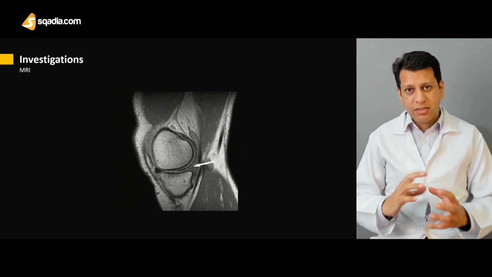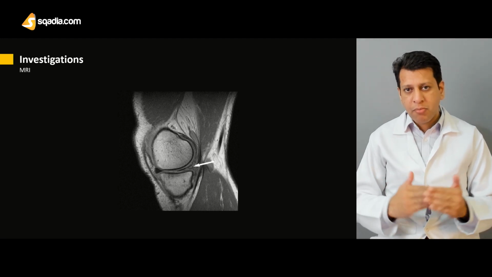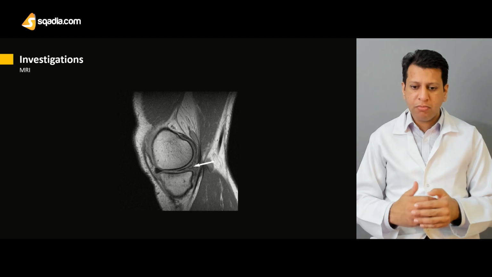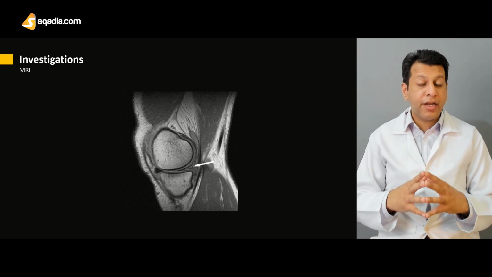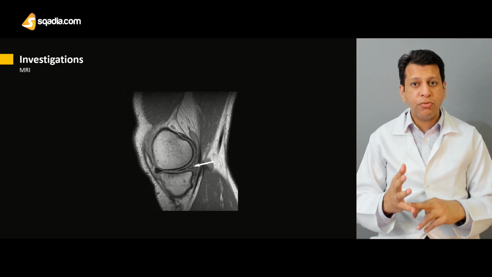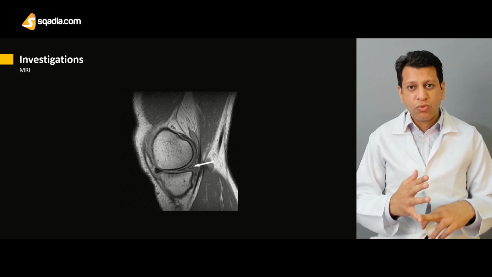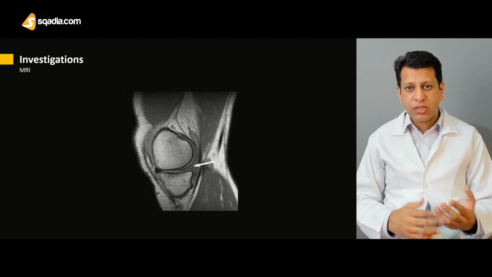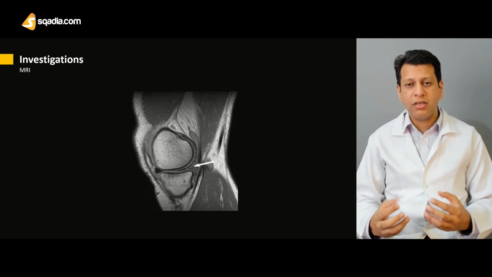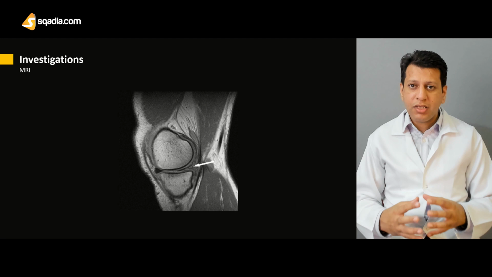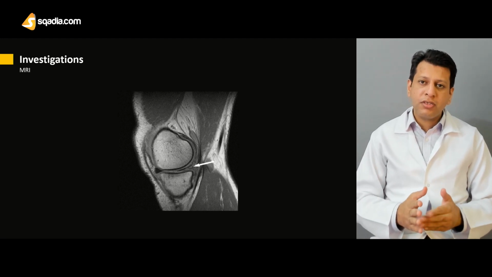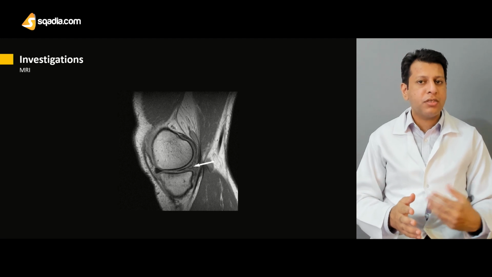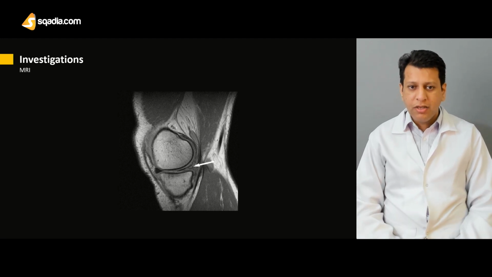And therefore, the MRI becomes of utmost importance, because it not only tells exactly the grade of injury, whether it's grade 1, grade 2, or grade 3, but also whether there is any other pathology associated in the knee or joint, and whether it is an isolated meniscal injury, or is it associated with ACL, PCL, or other ligamentous injury as well.